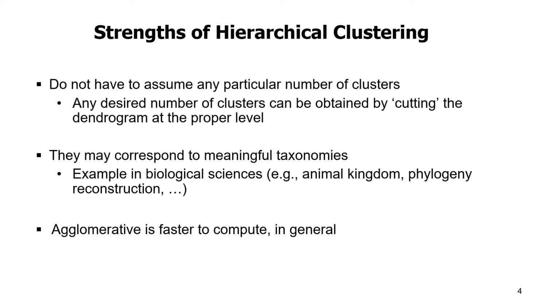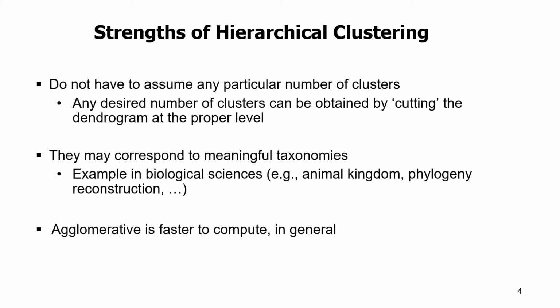The second strength is that once you have a dendrogram, you can interpret it as a taxonomy. A taxonomy is a kind of hierarchy of knowledge. For example, in biology, you can have a taxonomy of animals. So the dendrogram can be interpreted as a taxonomy.